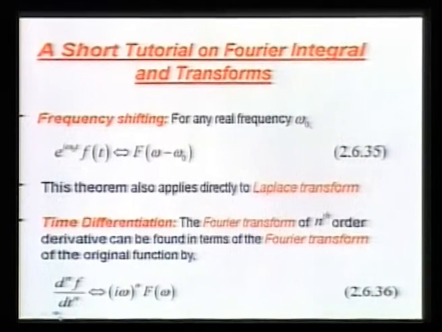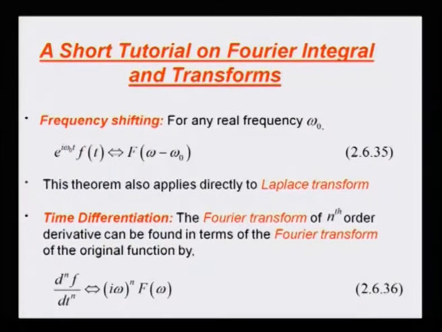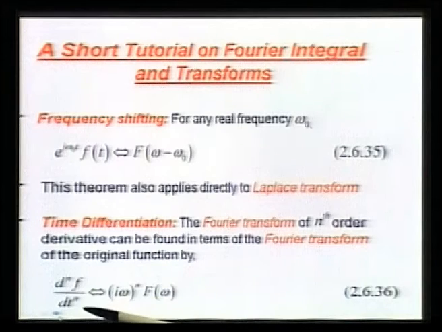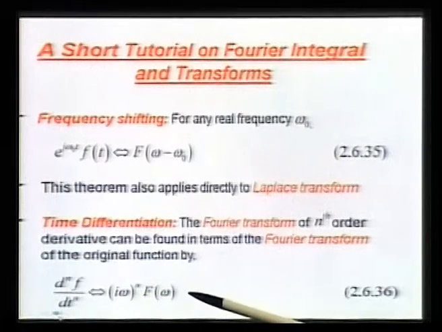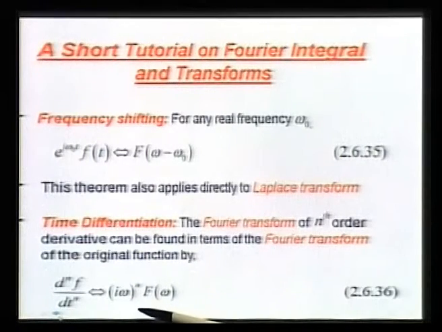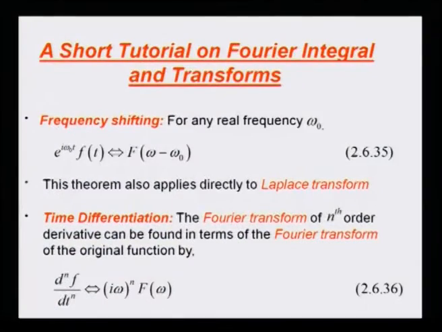Now, this is something that we need to know, the property of this. If I have a function f and if I differentiate it and then take its Fourier transform, then this is what we are going to get. Say nth derivative of the function is related to F of omega by just simply multiplying by i omega to the power n. Okay. So, this is something that we can do.